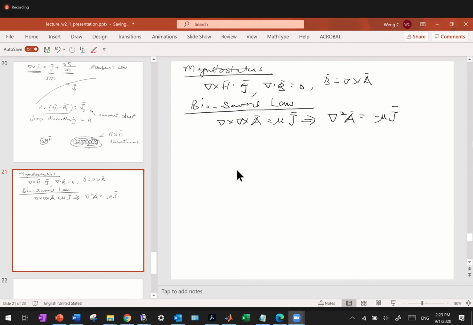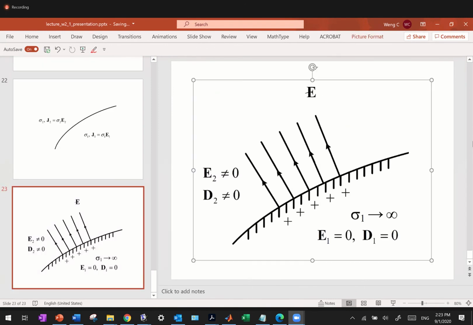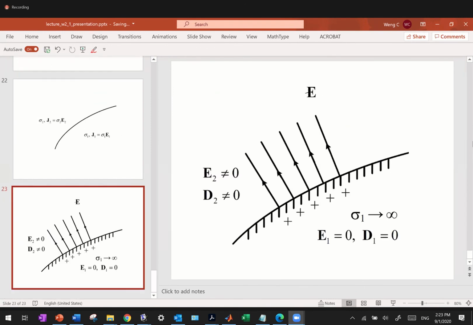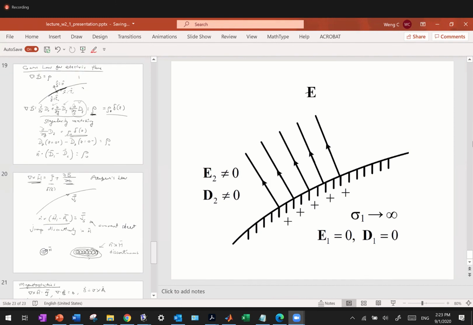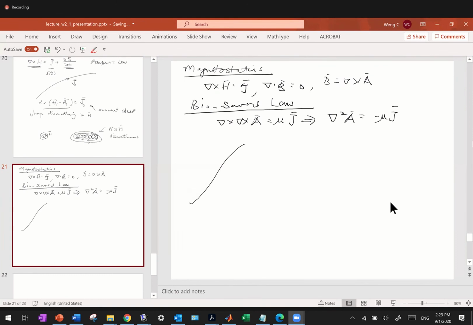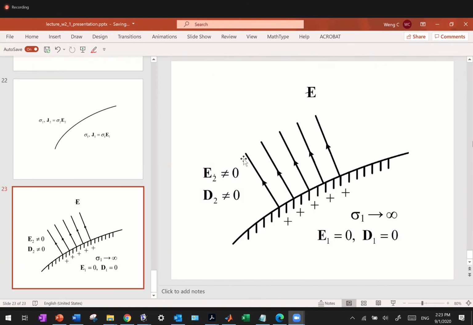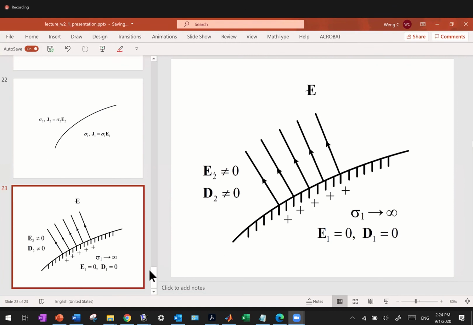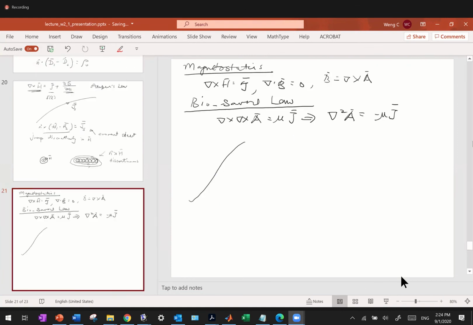Let's assume that we have a J. J is given by a current element. We have a J that is being carried by a piece of wire.